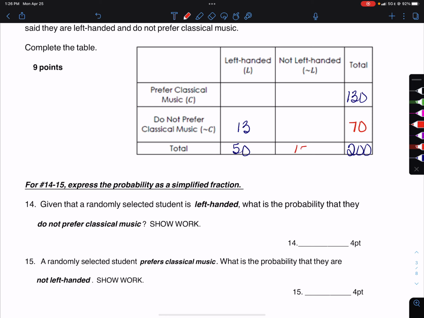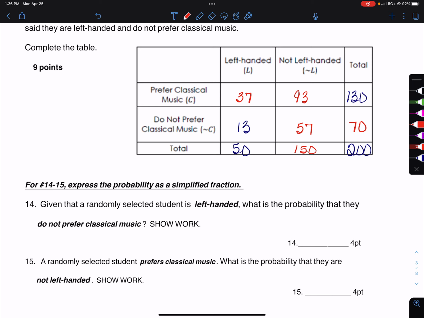Right here I have 150 students. 13 minus 70 gives me 57 students. Not left-handed who prefer classical music would be 93. And left-handed that prefer classical music would be 37. Okay. Once you have that table completed, you can answer the questions below.